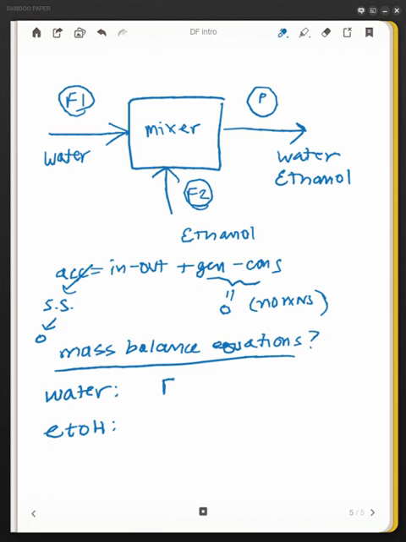So what you can write is F1, which is all water, is equal to the flow rate of water in P, using the subscript W, or you can write it as the mass fraction of water in P times the flow rate of P. Similar thing for ethanol.